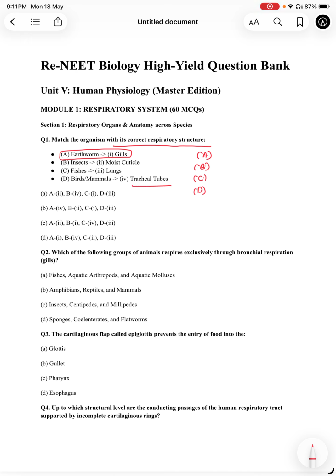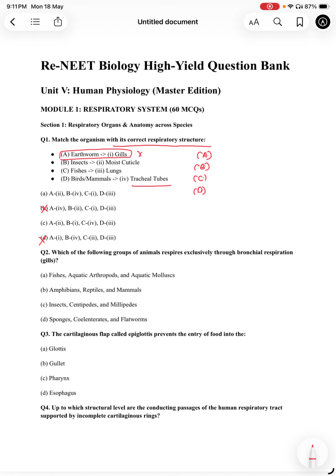First thing we know, earthworm respiration is not through gills. So wherever A is with option 1, cancel it off. There is A with option 2, moist cuticle. That is correct. A cannot be option 4, so let's cancel option 4 out.